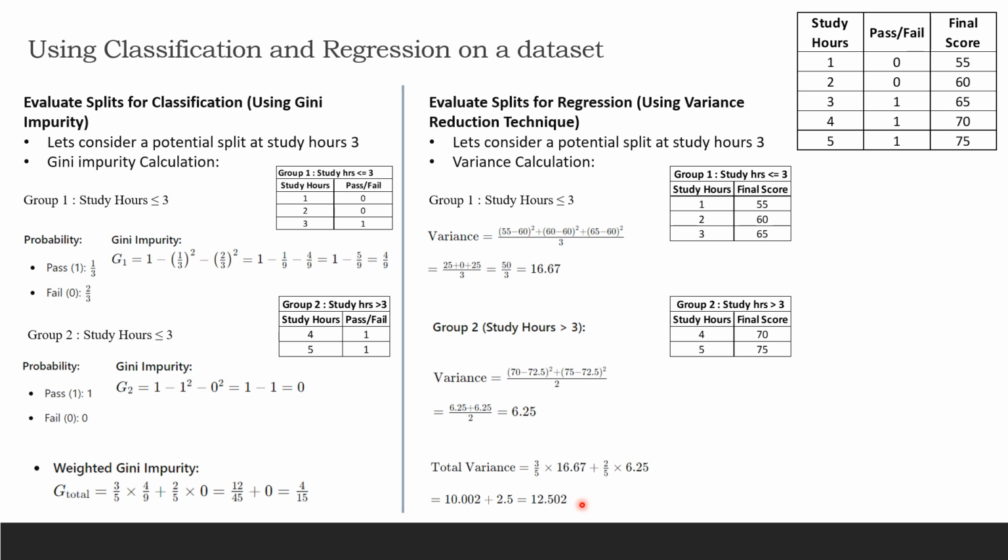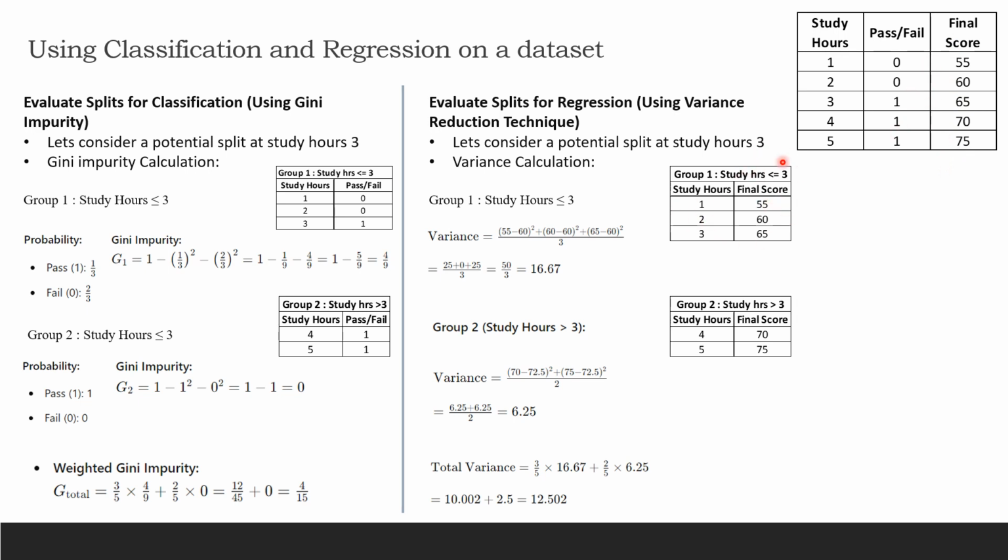So let us assume there was an algorithm which would assess these values, calculate these values at different points, at 2, 3, 4, 5, and it saw that 3 is the best value at which we are getting the best split of data into pass and fail.